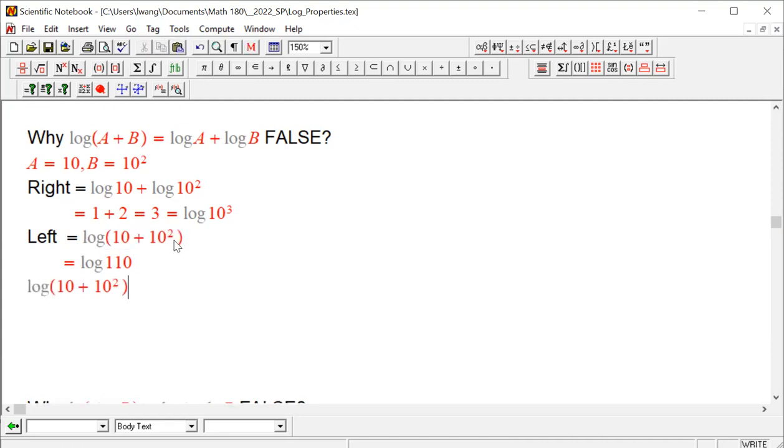So let's indicate that: log 10 to the power 3 is not the same as log 110.